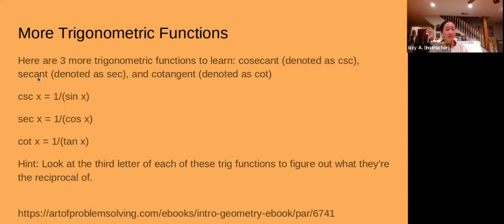For secant, the third letter is C, so that's the reciprocal of cosine. And for cotangent, the third letter is T, so that's the reciprocal of tangent. I thought that was a very efficient way to remember the reciprocals, and I think that helps with the memorization of it.